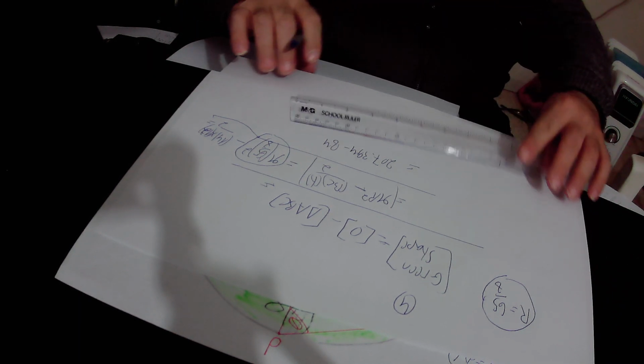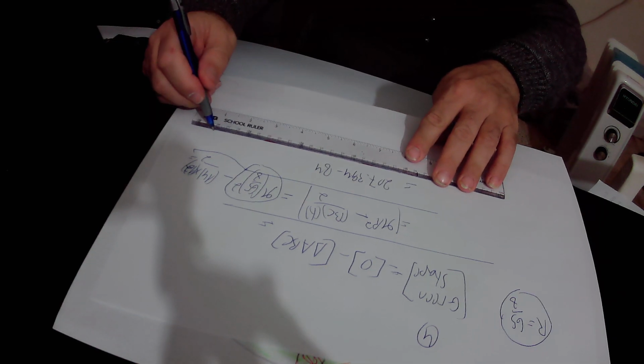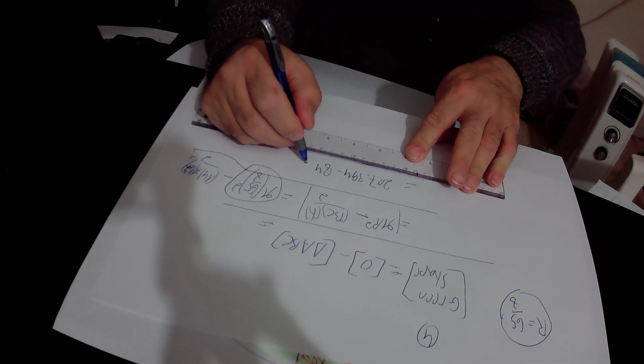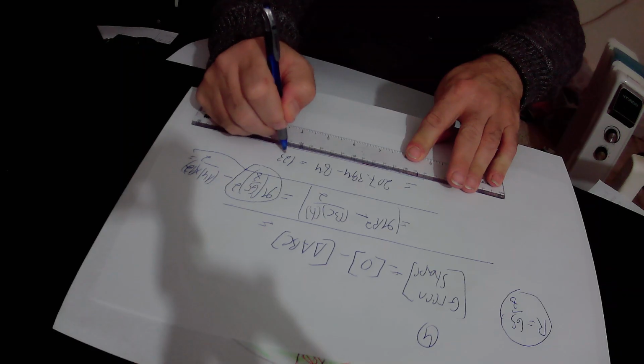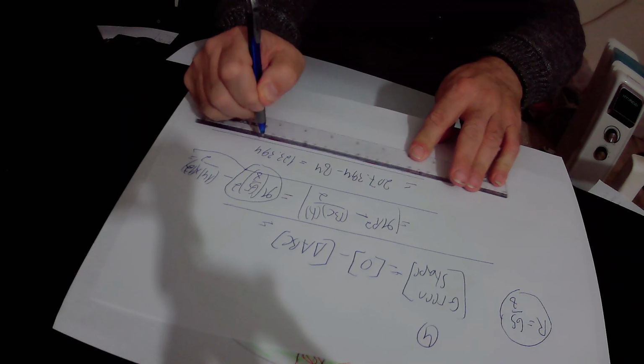So actually 207.394 minus 84 equals 123.394 square units.